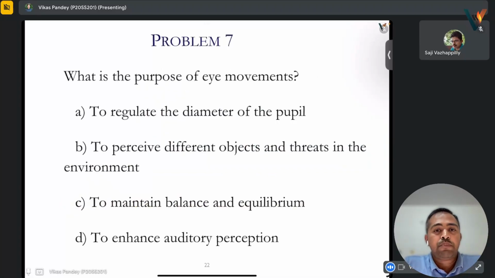What is the purpose of eye movements? To regulate the diameter of the pupil, to perceive different objects and threats in the environment, to maintain balance and equilibrium, to enhance auditory perception. The answer is B: to perceive different objects and threats in the environment.